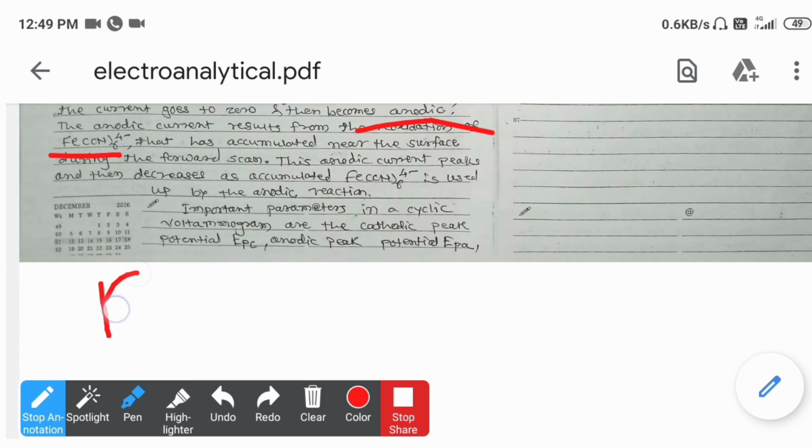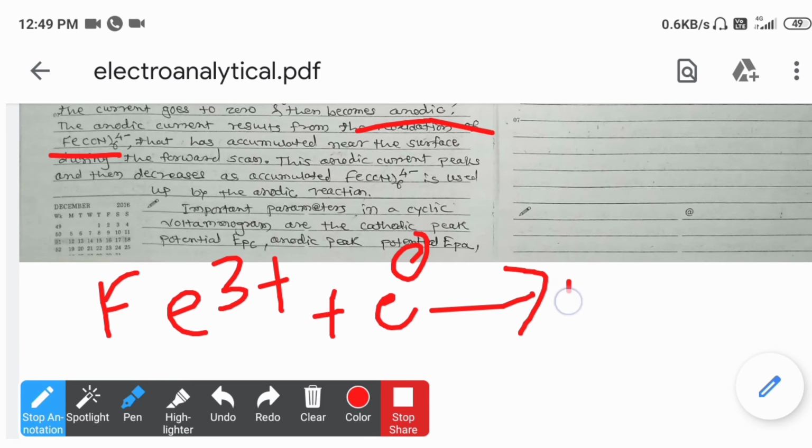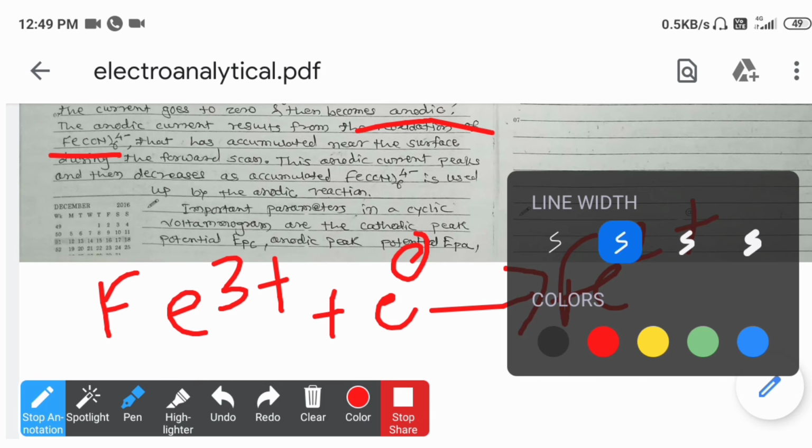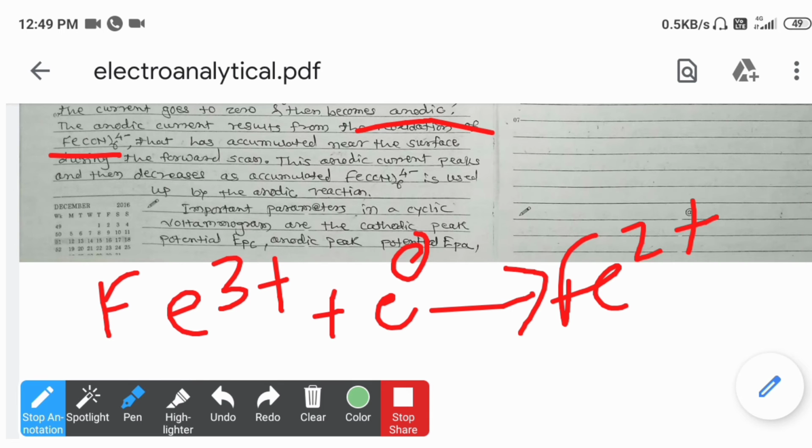Okay. So initially, when we used the forward scan, Fe3+ ion got reduced to Fe2+. Okay, and once this process has been completed, once we have reached a certain potential value, this process is reversed when we use the reverse scan.